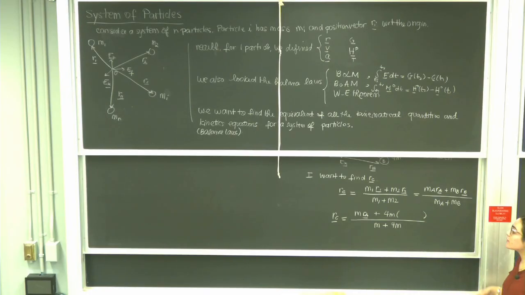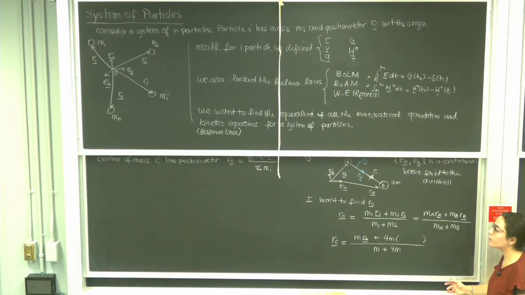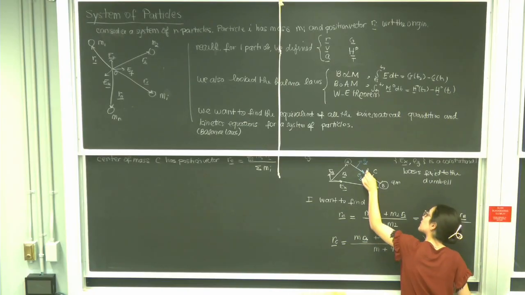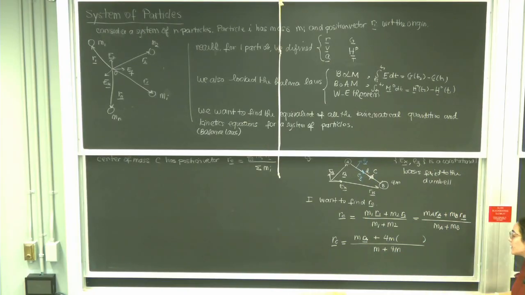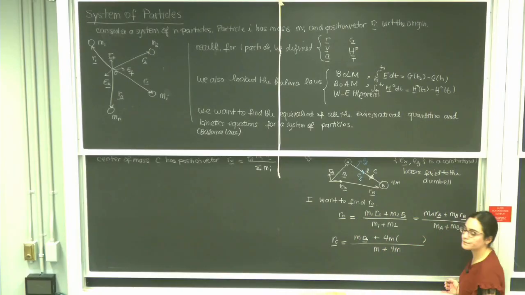How can I express RB in terms of RA and then maybe other constants? The length of this rod is L. So RB is equal to what? In terms of RA plus some other vector. Can anyone think about what RB can be written as?